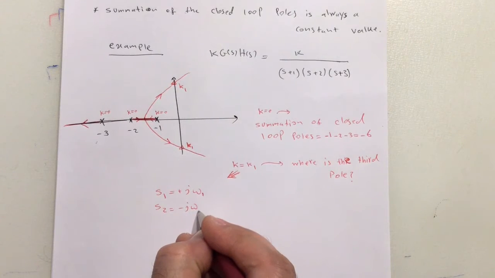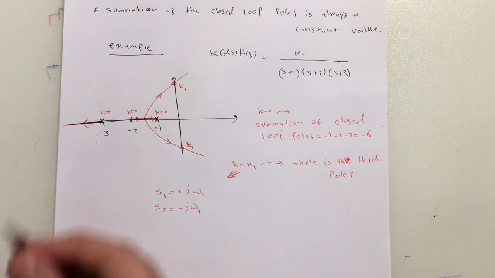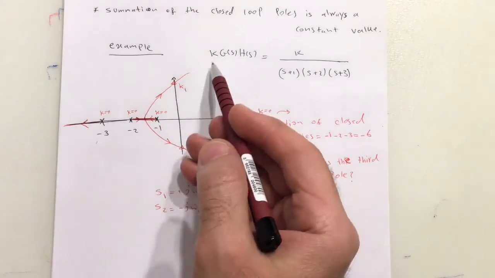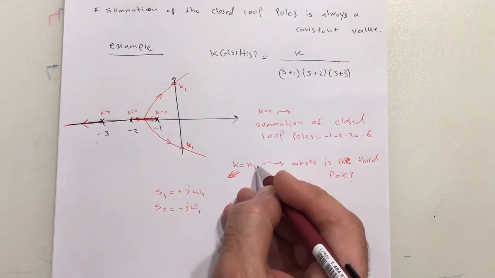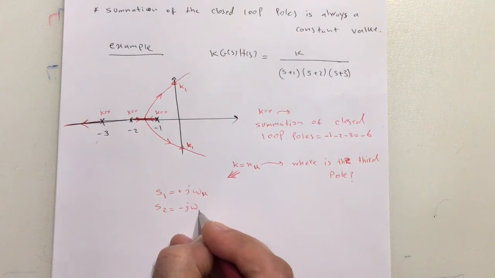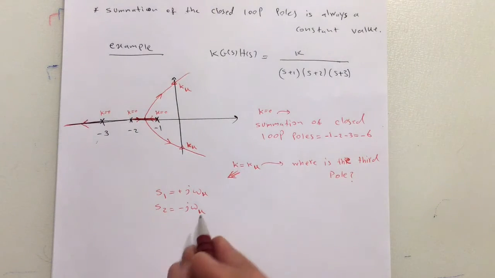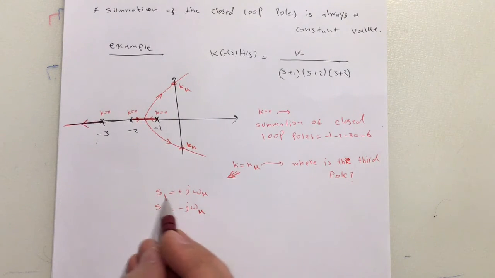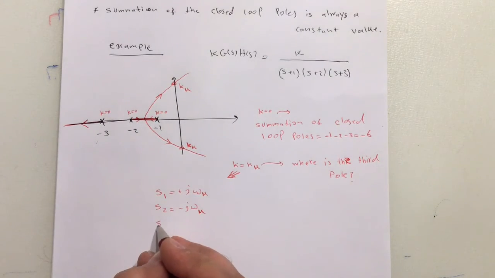Let's name it omega u, the ultimate frequency, because usually we name this crossing frequency omega u. We can also change it to ku if you want to use the same notation as before. So one of the poles is at plus j omega u, the other one is at minus j omega u, and the third one we don't know where it is.